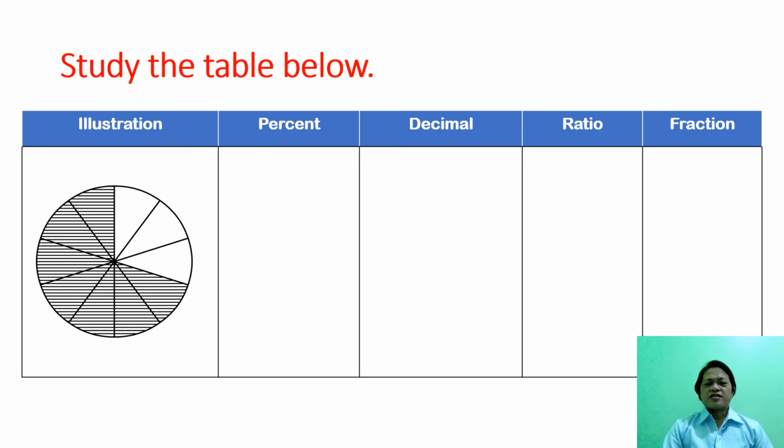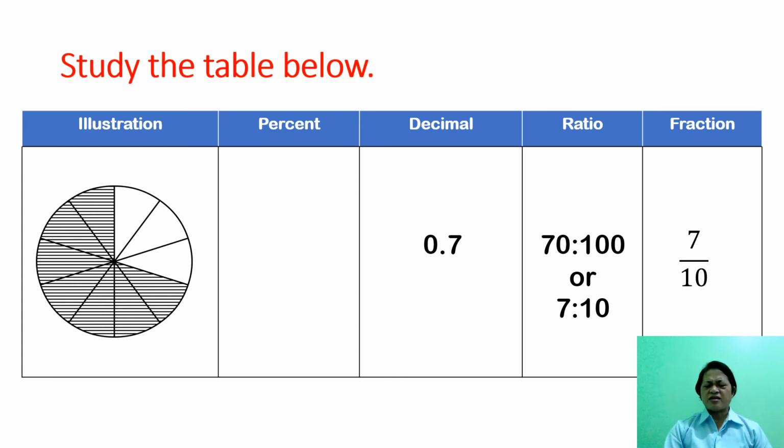Okay. What is the ratio of the shaded regions to the total number of regions? Very good. It's 7:10. How will you write it in fraction? That's correct. It's 7/10. What about writing it as a decimal number? Very good.